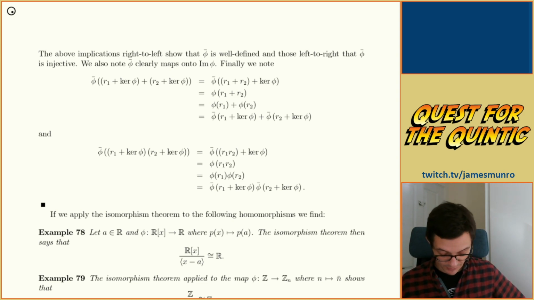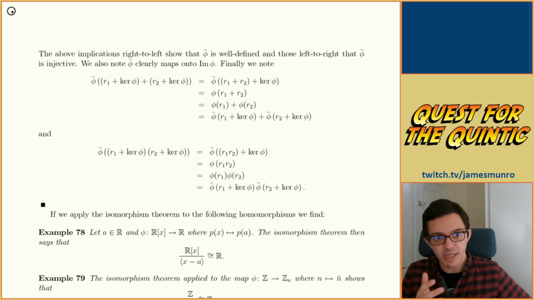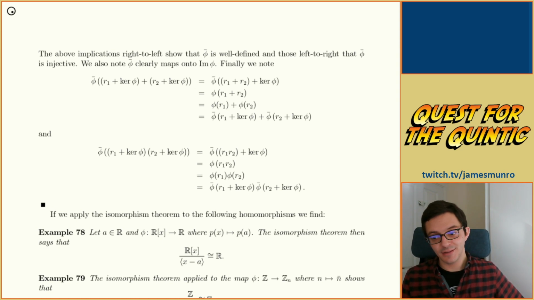So down here, we had this quite boring example of a homomorphism where you take a polynomial and just plug in a, and that gives you your value in the ring. These things are not isomorphic, it's a homomorphism. The domain is much larger than the image, but if you quotient the domain, if you consider some things in the domain to be basically equal, then you get an isomorphism.